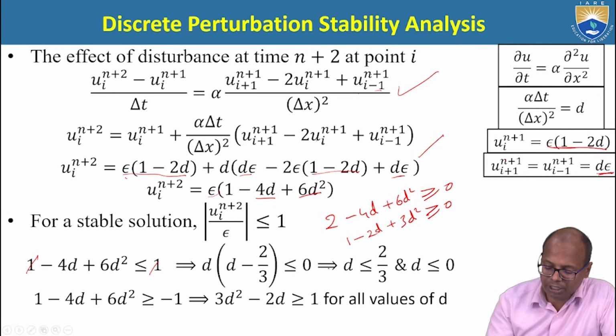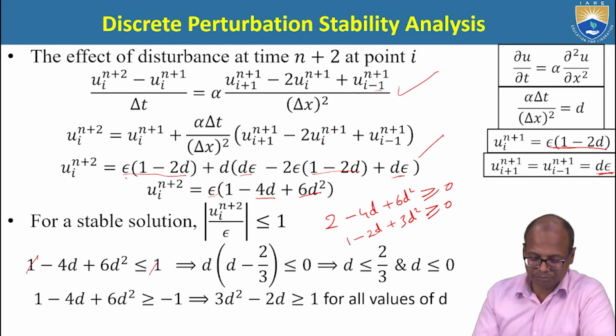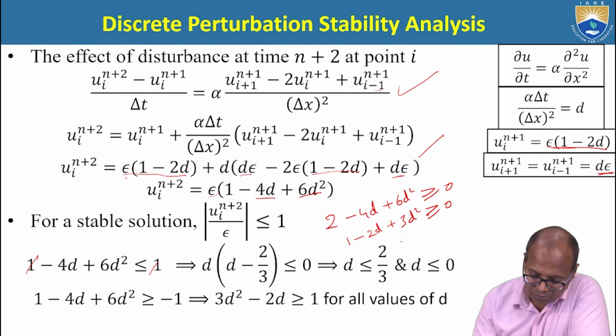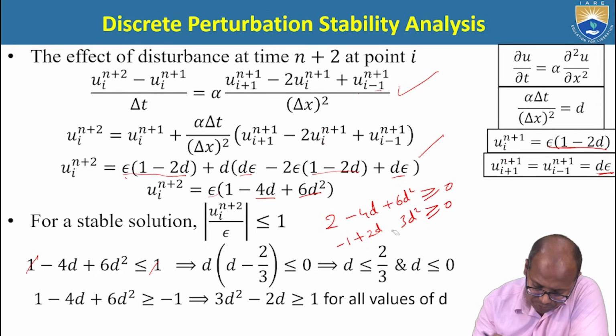Now what happens if I apply minus sign here? I am bringing these terms this side. Okay. If I bring all these terms this side, what will happen? 3d square minus 2d must be, so if I apply minus here, this is minus, this is plus, and this will become minus.